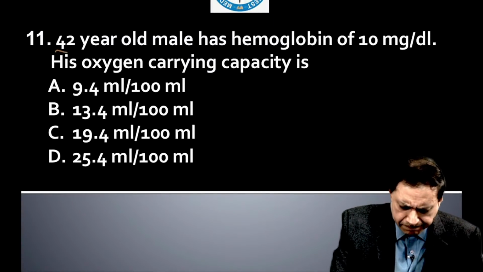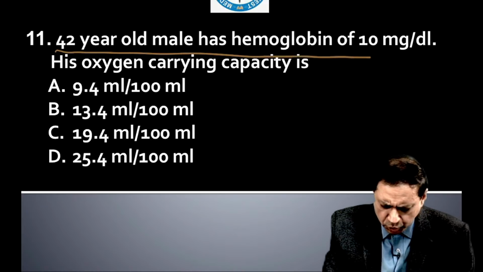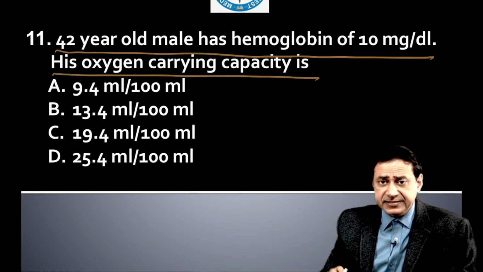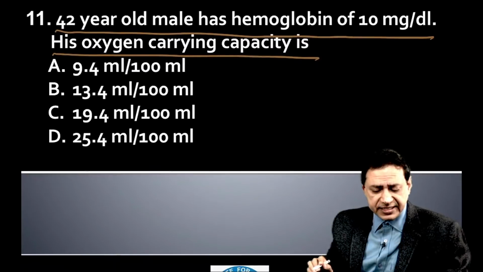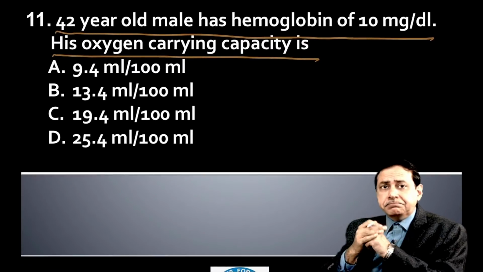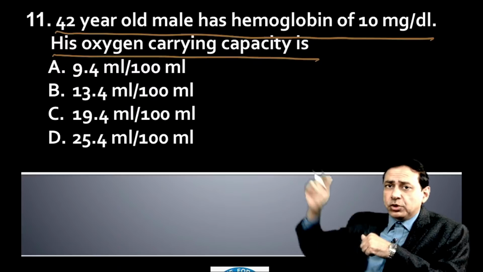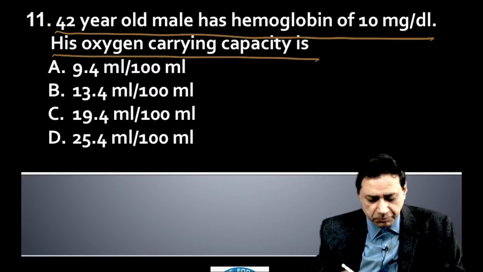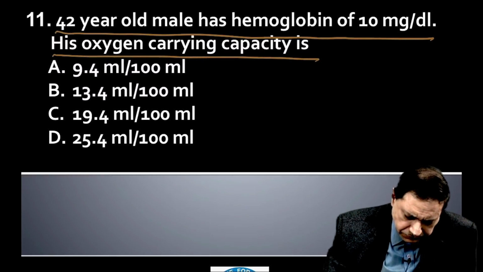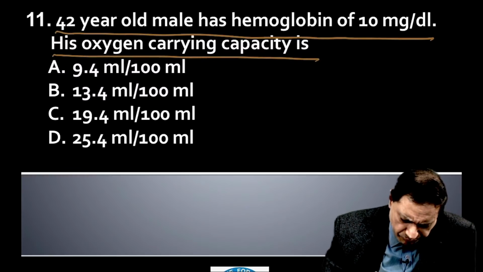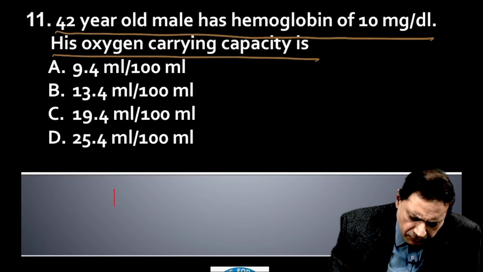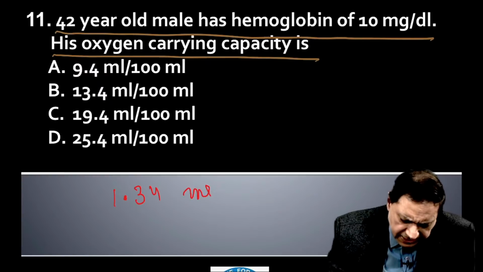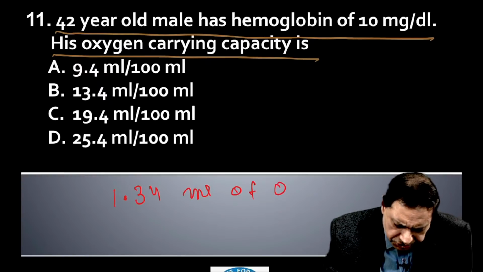A 42-year-old male has hemoglobin of 10. How much is his oxygen carrying capacity? Hemoglobin is 10. 1 gram of hemoglobin can combine with 1.34 ml of oxygen.